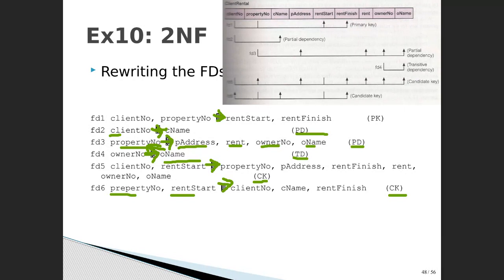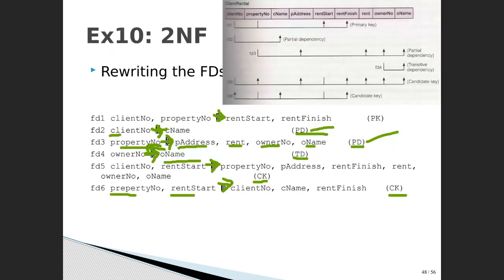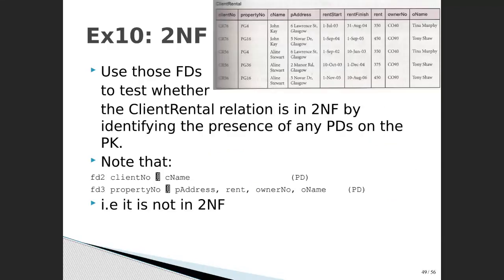Okay, let's see. We have two partial dependencies, right? We have client name and client number, and we have the property number and property address and all other attributes. So by removing all these partial dependencies and placing them in separate relations, this is the client rental.